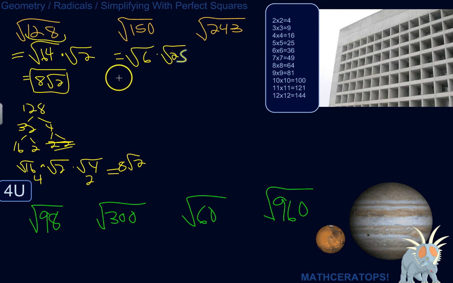Well, 25 is a perfect square. Square root of 25 is 5. 5 times the square root of 6. Can't really do anything further with 6. It's the product of 2 and 3, but neither one of those is a perfect square, so it's not going to help us simplify this. So that's as simple as we can get.